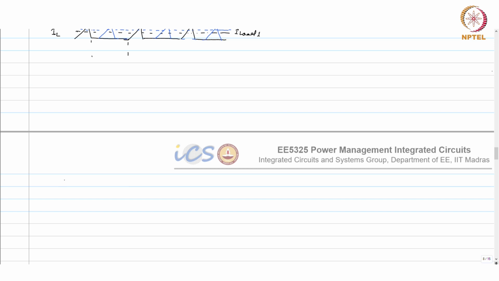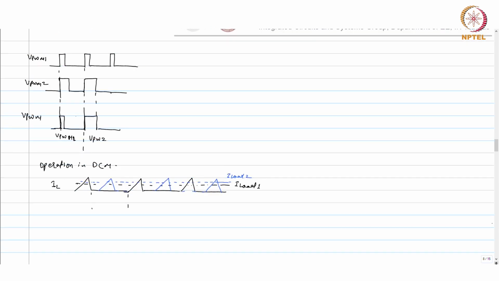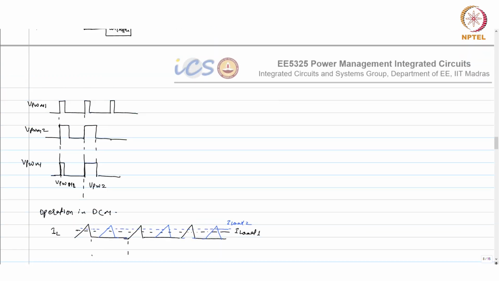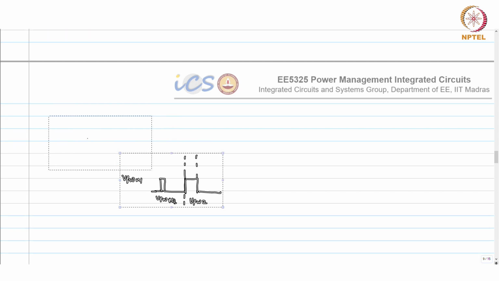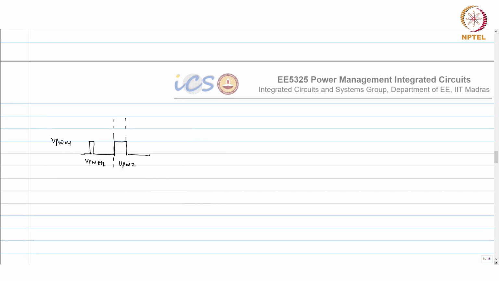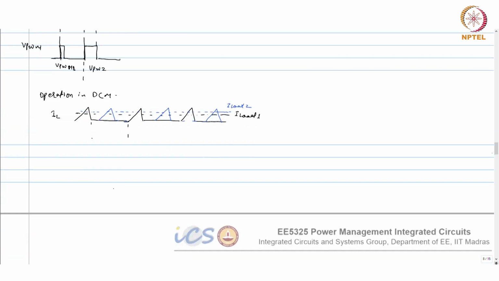So if I know I want a PWM like this, we have S1 and S2 switches.